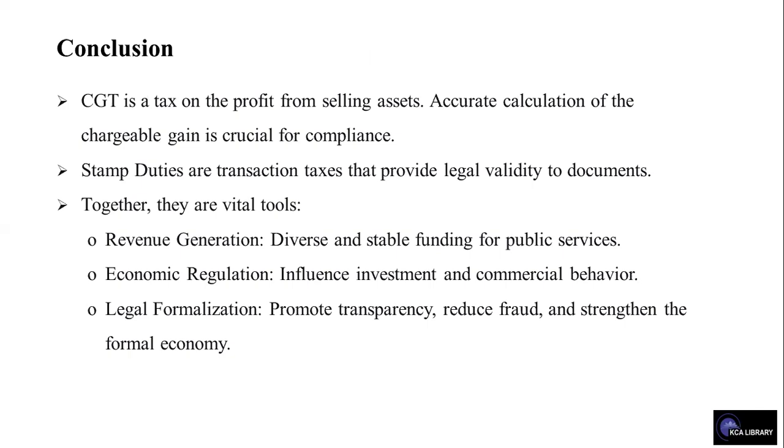Accurate calculation of the chargeable gain is crucial for compliance, and stamp duties are taxes that provide legal validity to documents, and together they are vital tools for: one, revenue generation, that is diverse and stable funding for the public services; two, economic regulation, influencing investment and commercial behaviors; and lastly, legal formalization, which deals with promoting transparency, reduction of fraud, and strengthening of the formal economy.